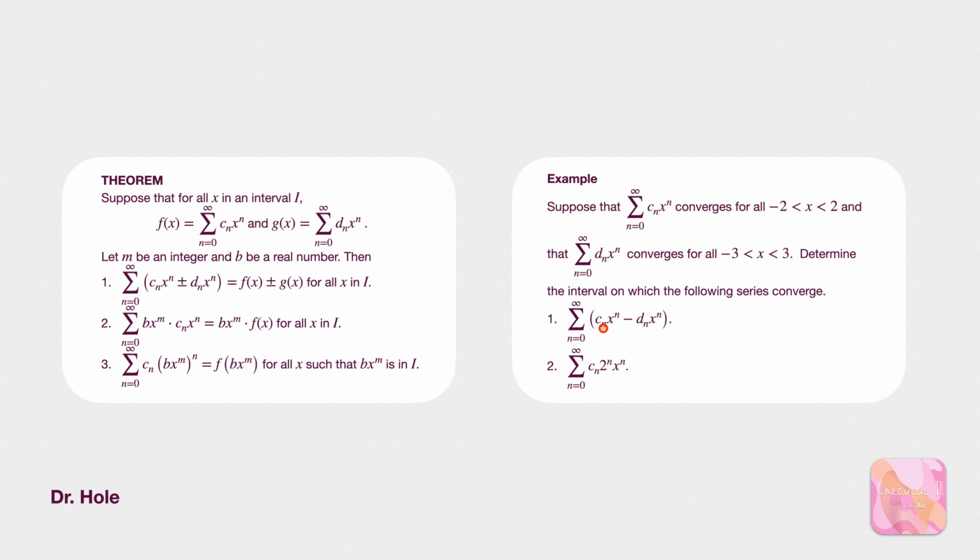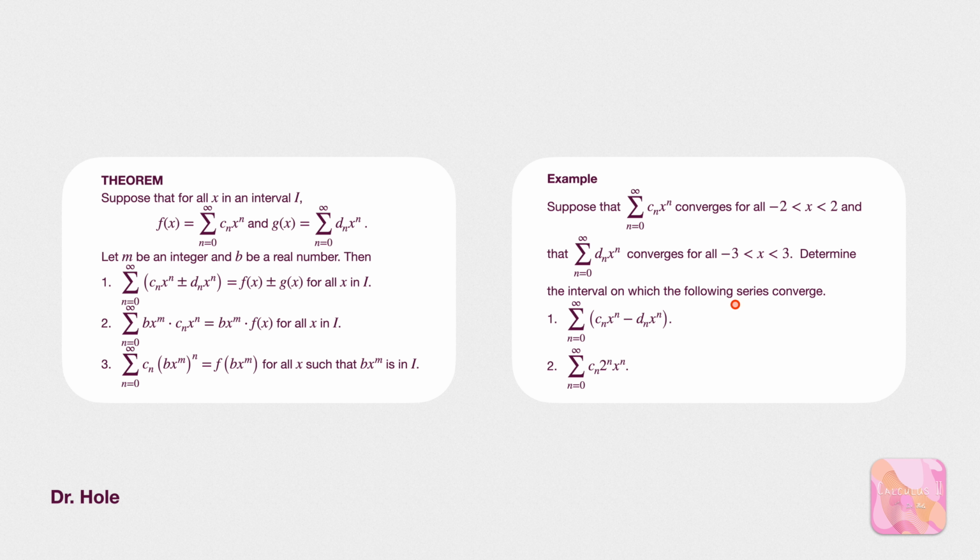So the first question is, what if we were to determine a power series where the corresponding sequence is the difference of c_n's and d_n's? By the theorem, we use statement 1, that we get that this expression will simply be the sum or difference of the functions f and g.